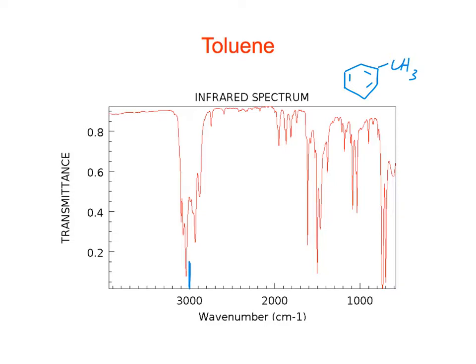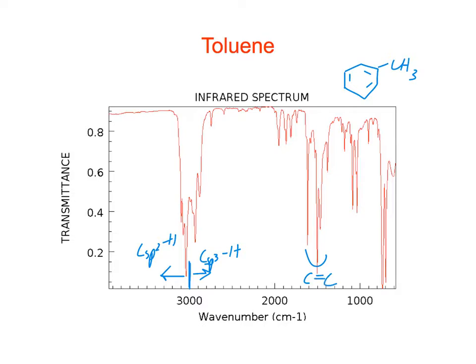Essentially, I always look right here at 3000, and the part below is for that methyl group, right? That's the sp3 hybridized portion, and above 3000, this is on the benzene ring. In here, we see the carbon-carbon double bond stretches.